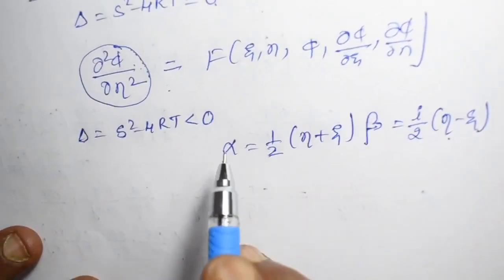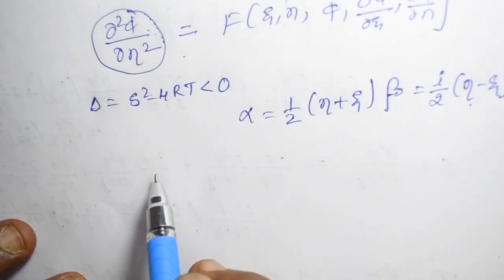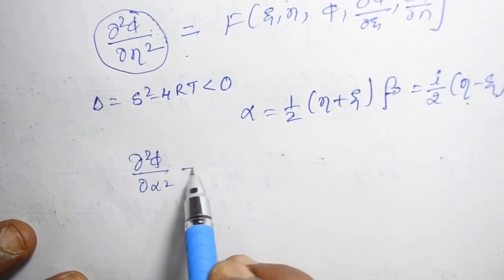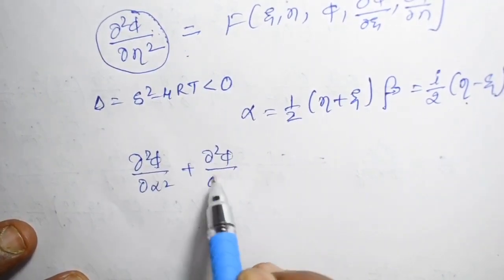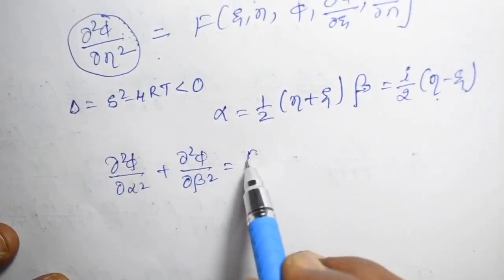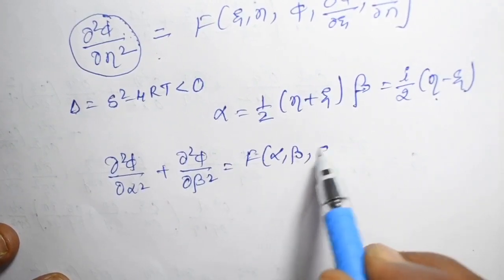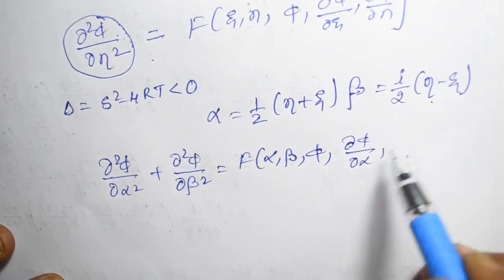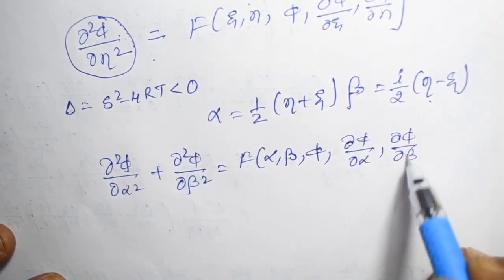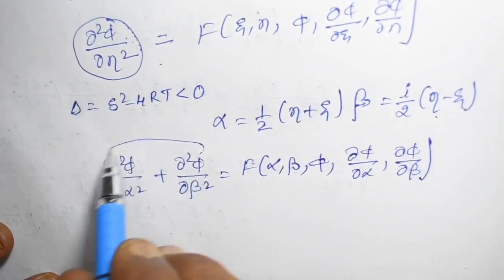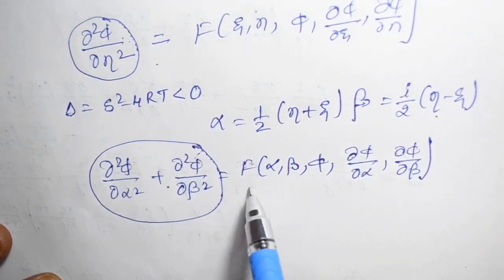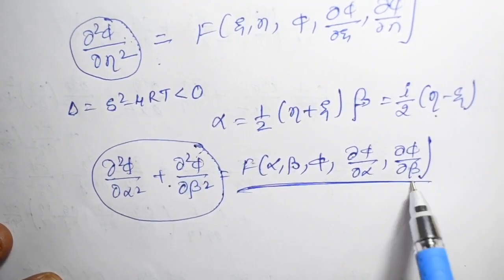Then the canonical form is obtained as del square phi by del alpha square plus del square phi by del beta square is equal to f of alpha, beta, phi, del phi by del alpha, del phi by del beta. These two second order derivatives with respect to alpha and beta remain, and there may be different first order derivatives.